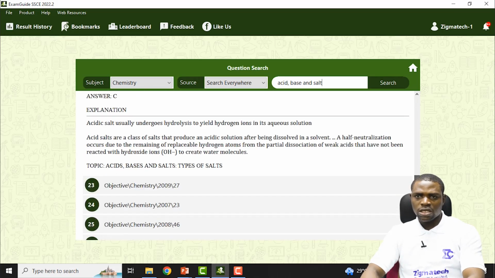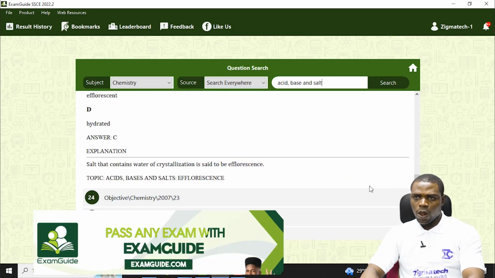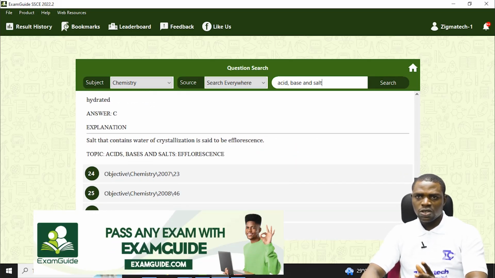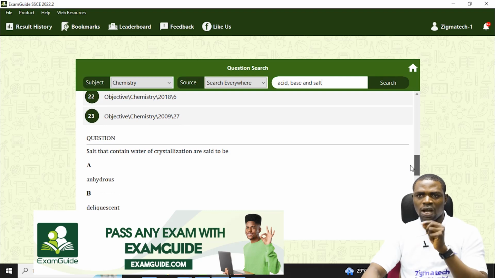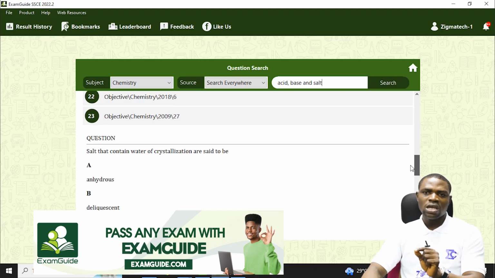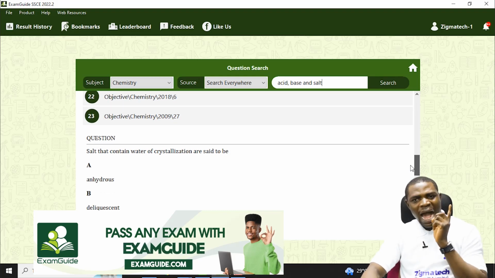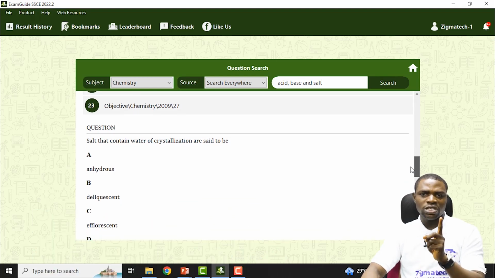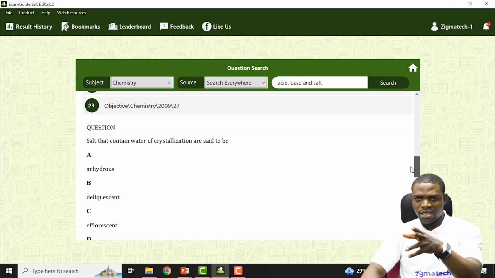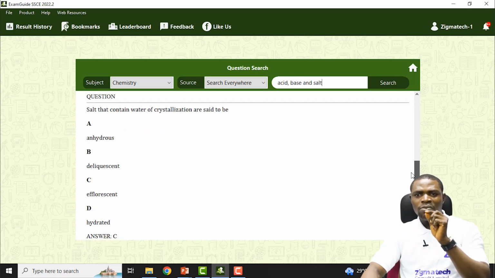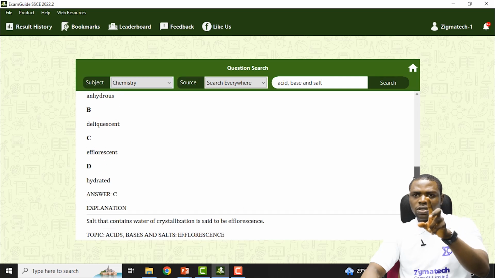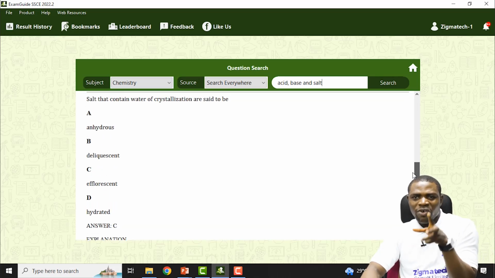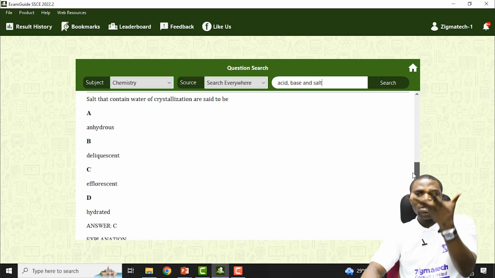Let's look at the next question before we end this teaching. Now look at this. Salts that contain water of crystallization are said to be A, anhydrous, B, deliquescent, C, effervescent. In fact, I don't want to go further because I'm already seeing the answer. But you know why? Let me explain the concept. Salts that contain water of crystallization are said to be effervescent because this water is gotten from the atmosphere.